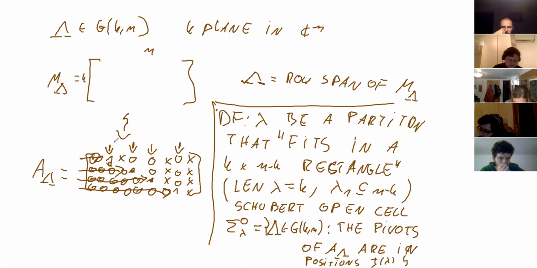So this is a subset, and I want it to be equal to I of lambda, so to correspond to lambda. I will give some seconds to copy this, and then I will do an example on G(2,4), which is the first non-trivial example, okay?